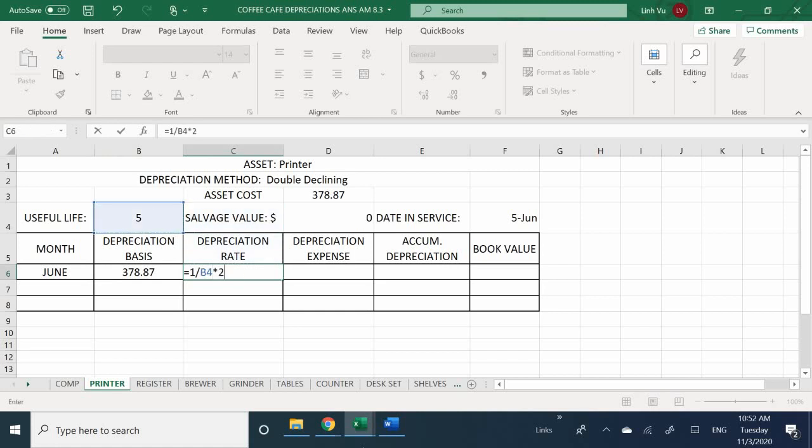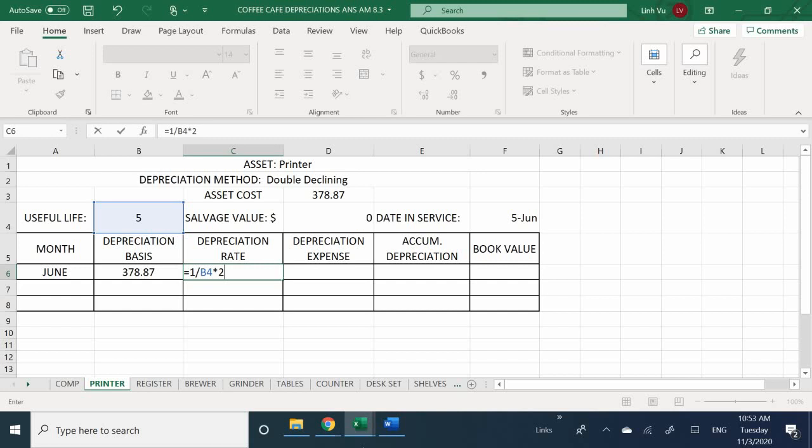1. What do you mean 1? You divide 1 by the useful life.